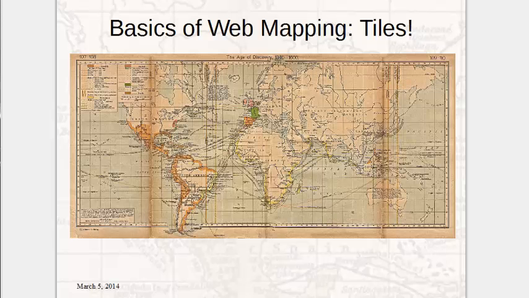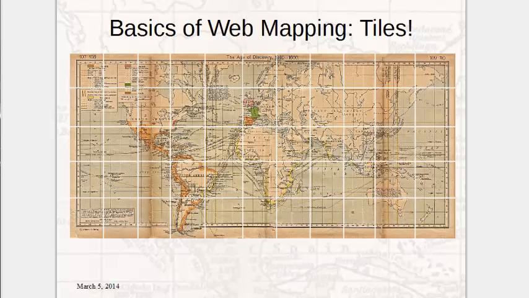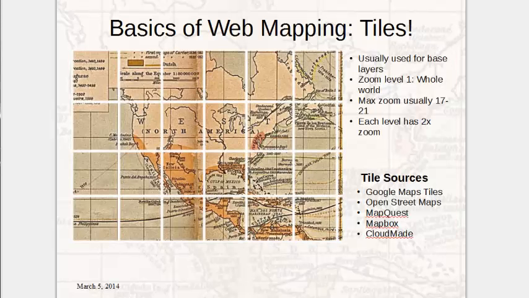That's because the map is made up of different tiles. They'll take a world map and slice it up into little squares. Each square gets a number. And then when you zoom in, those squares are further sliced up. This is done so that the browser can load parts of the map at once. You don't have to load the entire world. And so they can provide different resolutions.